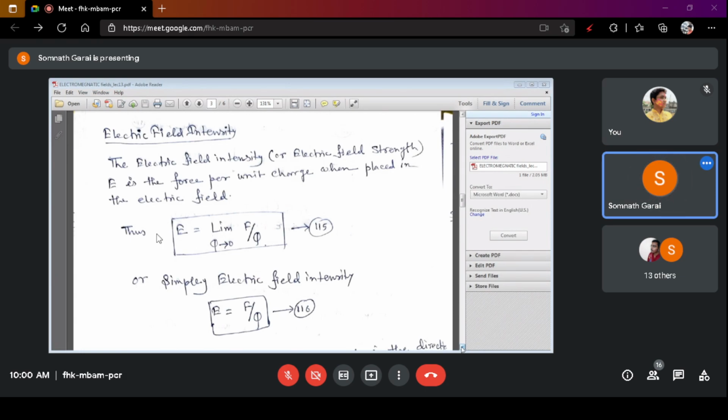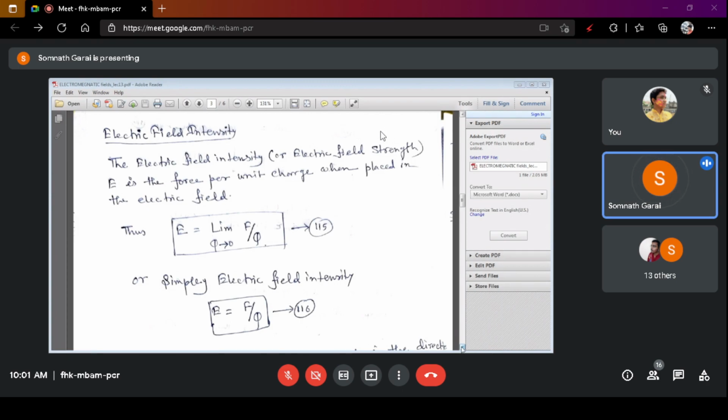The definition of electric field intensity or electric field strength is represented by capital E. That is the force per unit charge when placed in an electrostatic field.